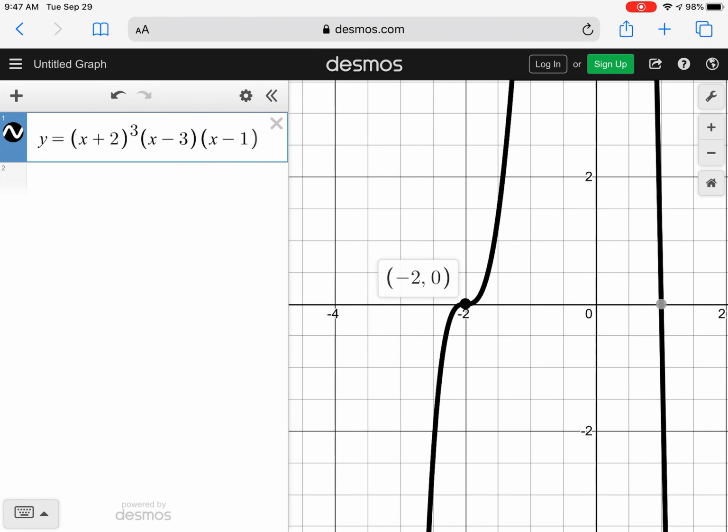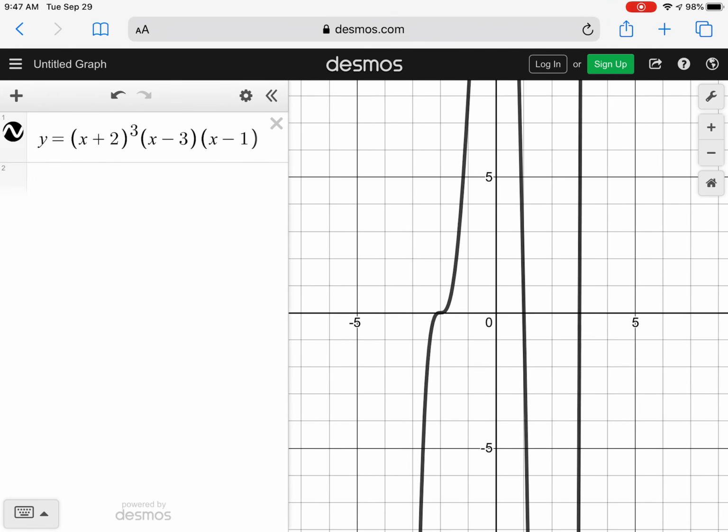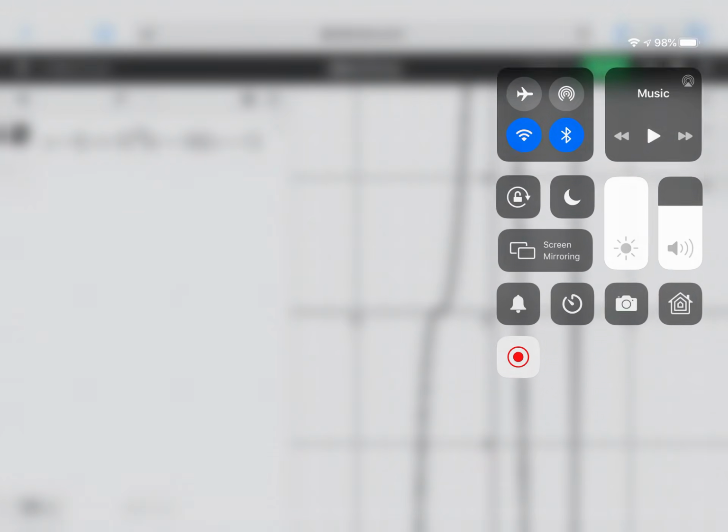It kind of slithers its way through the x-axis. It doesn't just slice through directly, and it definitely doesn't bounce. So that would be a root with a multiplicity of 3, and that is represented in the factored equation with an exponent of 3.